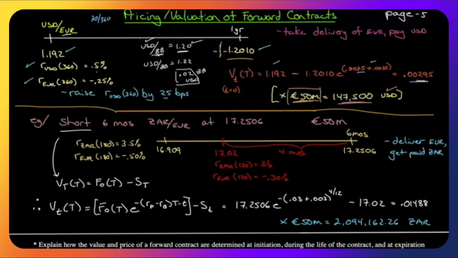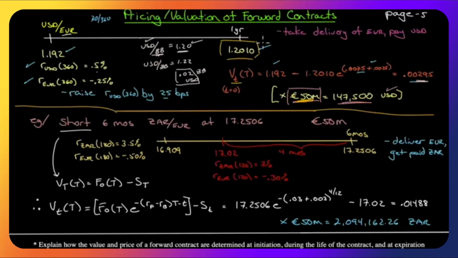And the forward price is 1.2010, regardless of what happens to the value of the contract during the life or even at expiration. At expiration, I must take delivery of 50 million euro, and I must pay 50 million times 1.201 in US dollars.